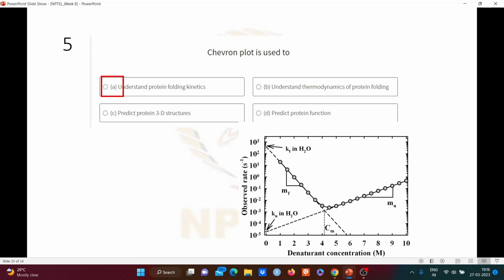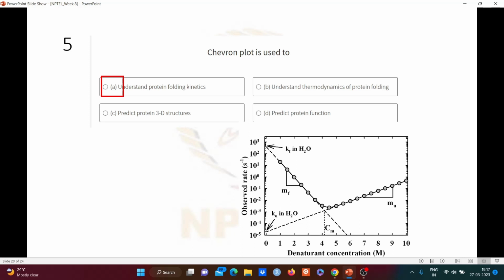If you see the x-axis, we have denaturant concentration, and on the y-axis we have the rate constants for folding or unfolding. If you see these two experimental lines, they intersect at one point. That point is called the midpoint of the folding transition, where these states are in equilibrium. Using this, we can get the Kf value and Ku value, and we can calculate delta G of folding also.